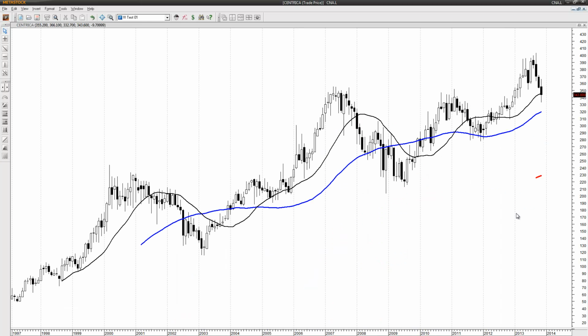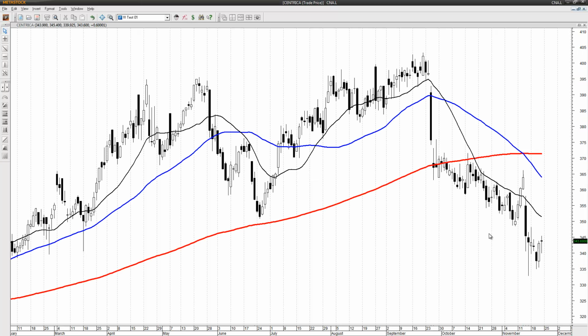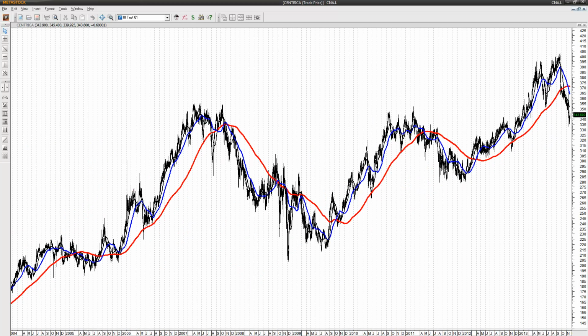Centrica is the next chart, and this one. What I'm looking at for Centrica is a trend line by connecting this trough to that trough, and you get a trend line.